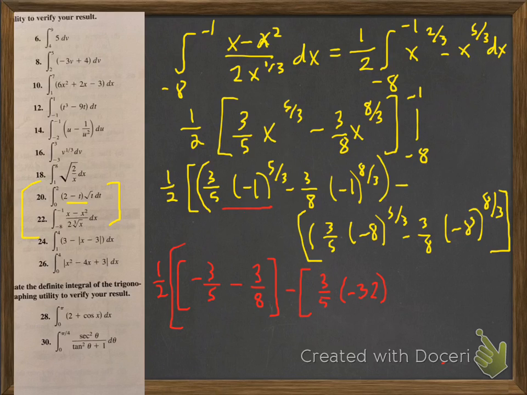Again, take the third root first, then raise it to the 5th. Minus 3/8. Third root of -8 is -2 to the 8th. That's 16 times 16, which is 256. Now we have it all in numbers you can manage. I'll go ahead and let you finish that.